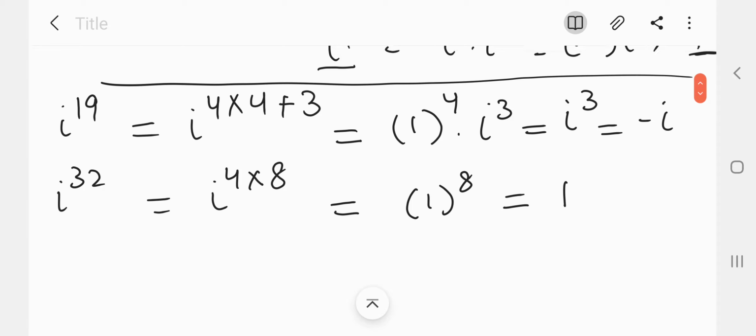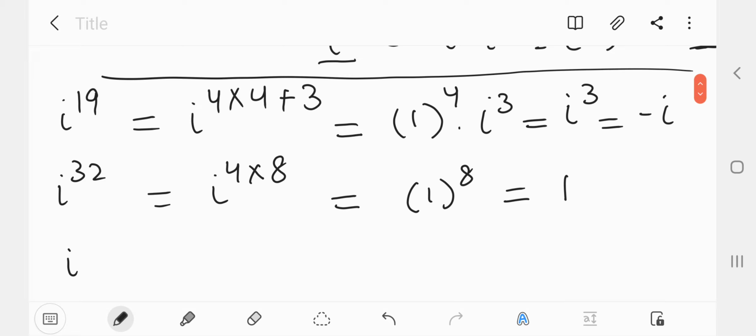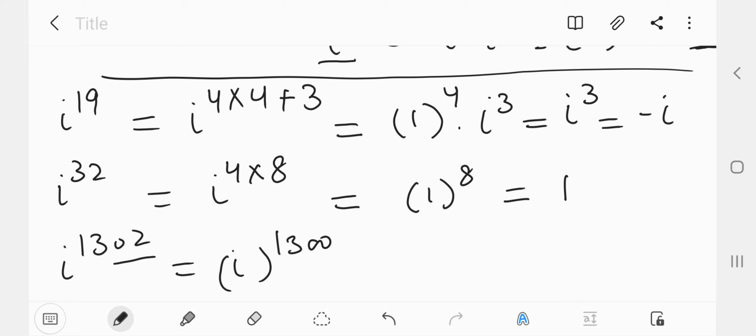Similarly, if we take the value of iota to the power of 1302, then how to solve? Then we take the last two digits of the power, 02. When we divide this number by 4, the remainder is 2. So 1300 is a power of 4, and we get iota square.